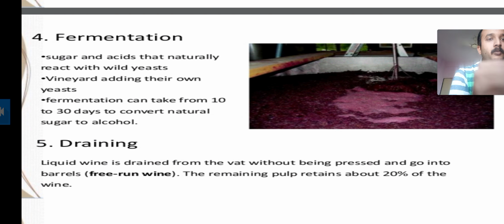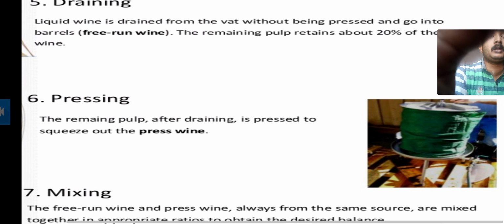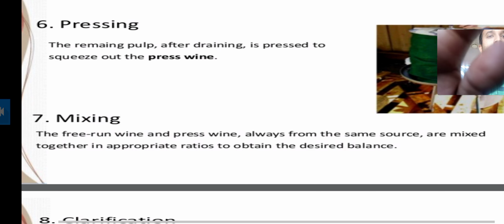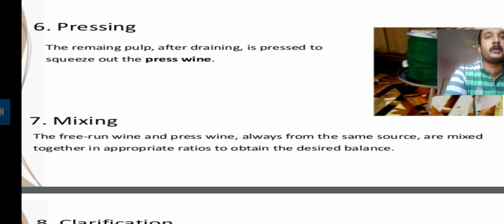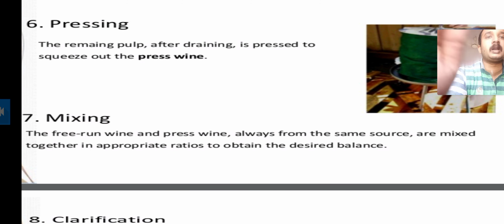Next is the pressing: the remaining pulp after the draining is pressed to squeeze out the pressed wine.